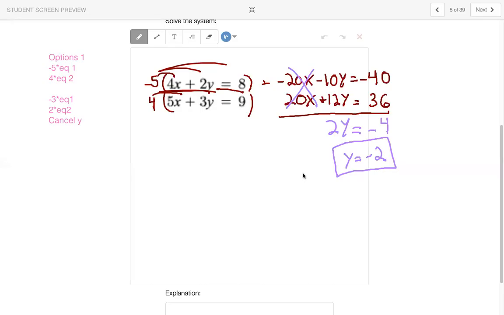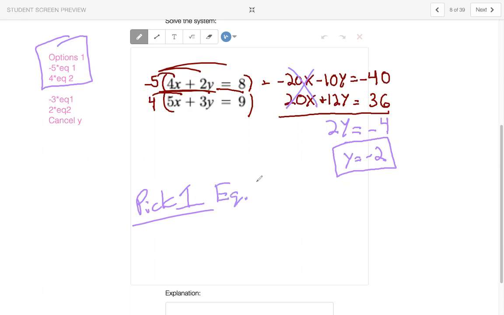If you knock this out going with option 1, the work would look like this. Lo and behold, our x terms cancel. We're left with 2y equals -4, y equals -2. People hit me up on Twitter and always ask how you can get a hold of the other variable. So let me ask, just pick one. Just pick an equation you want to deal with. Personally, I would go with the numbers that are easier to work with, which I'm going to say is the first equation.